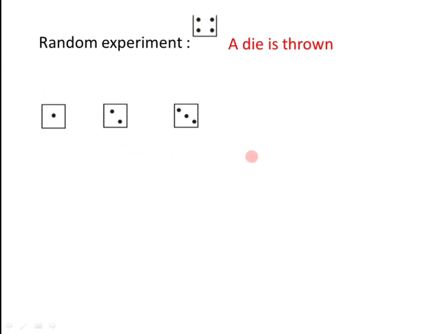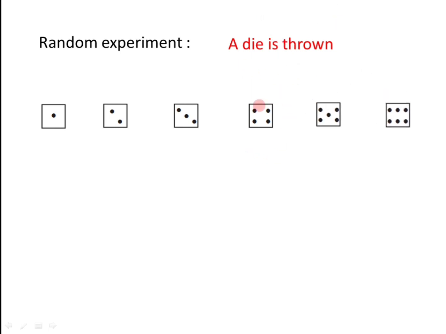Now the next random experiment is a die is thrown. As we know that die has 6 surfaces which has numbers from 1 to 6 on each surface. So if it is thrown, on the upper face we can get any number from 1 to 6. Either we can get 1 or 2 or 3 or 4 or 5 or 6.